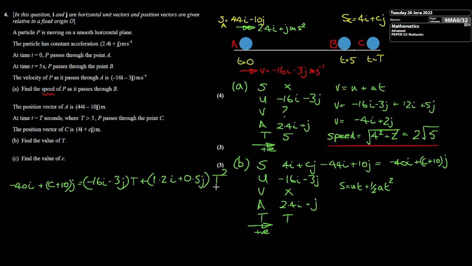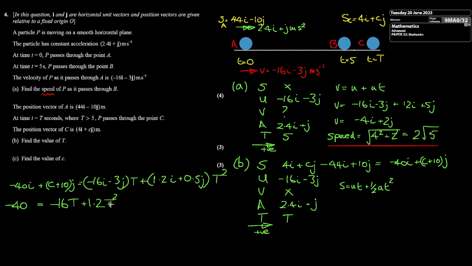So if I come up here and write all the terms down, this is my value for S, copy and paste, multiplying the ut, here's the u multiplied by t, and this is a half a here, multiplied by t squared. Now that looks quite gruesome, but what we can do, because this is an equation, we can equate the i or j components and solve for T. If I equate the i components, I get this.